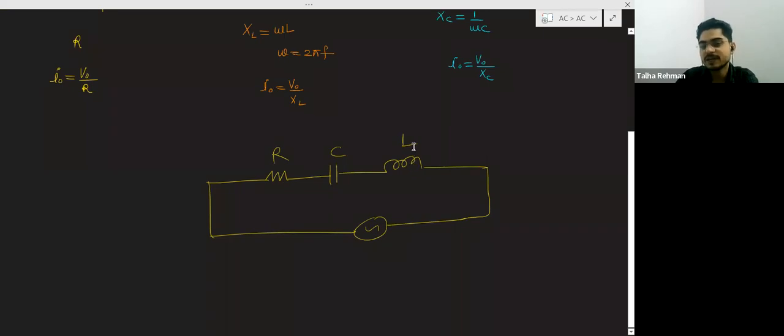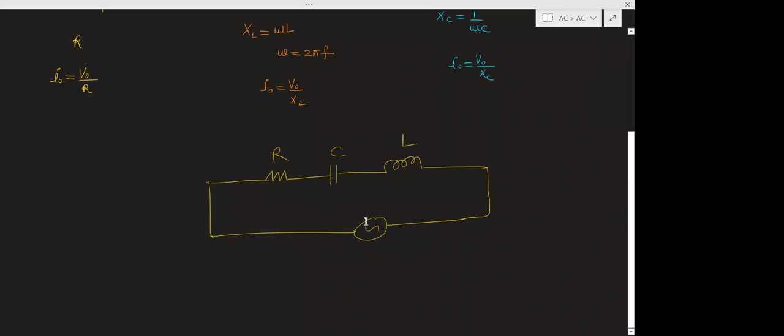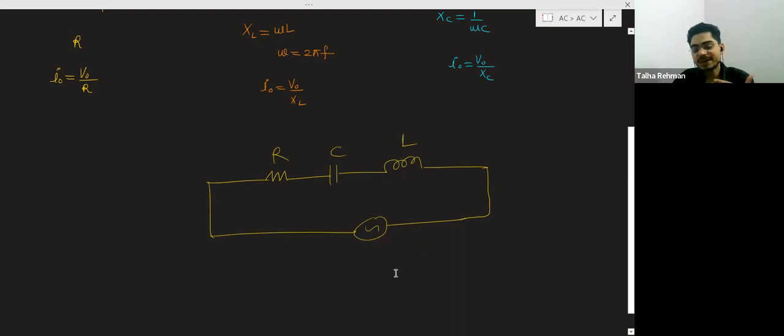This inductor has the self-inductance L. This capacitor has the capacitance C. This resistance has the resistance R. And this is an alternating voltage source. So in the next class, we will see what will happen when we connect all of these three components with the alternating source.